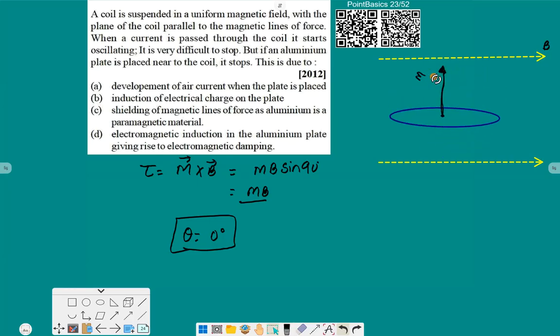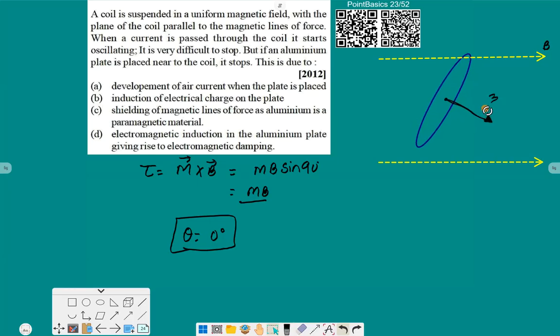So initially the coil was this, due to torque it comes to the equilibrium position, but due to rotational inertia, it overshoots its 0 degree position. Then it goes something down, and then again opposite torque starts acting on it.